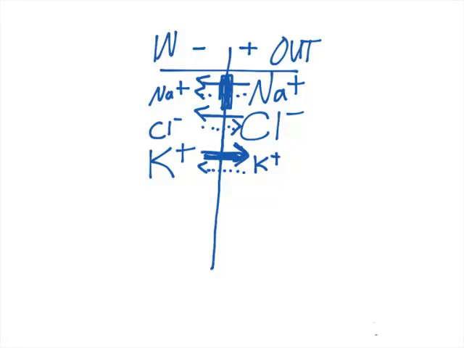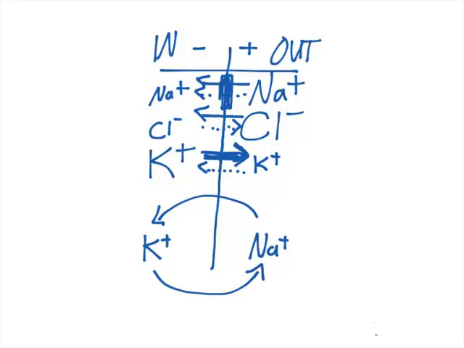What the sodium-potassium pump does is it brings potassium back into the cell while expelling sodium out of it. Particularly, it will remove three ions of sodium out of the cell and bring 2 potassium back in.